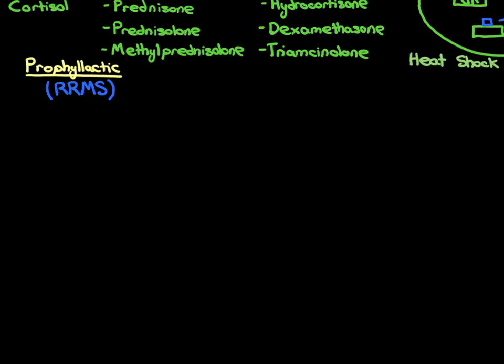So these drugs are generally only used in relapsing remitting multiple sclerosis rather than in the progressive forms of multiple sclerosis. And I'll stress again, they will not help in healing the previously formed white matter lesions. They aim at preventing the formation of new white matter lesions, not in healing previously formed white matter lesions.